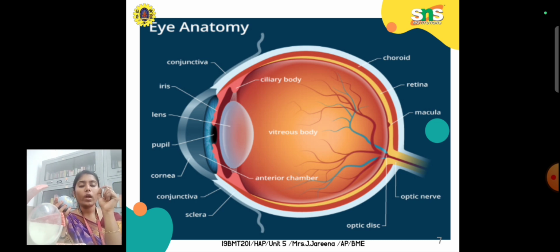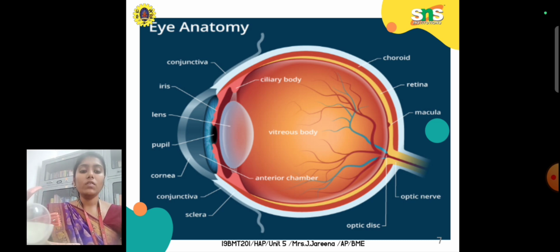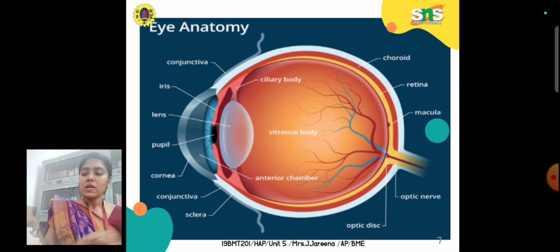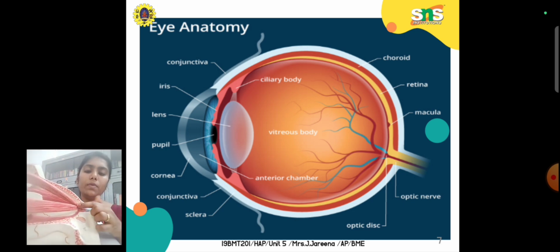That is the point where you can see the collection of cones, and at the remaining points everything has only the rods, the maximum number of rods. Okay, there is one more point, that is the blind spot. The blind spot is the point where the optic nerve starts, and it doesn't contain any rods and cones.